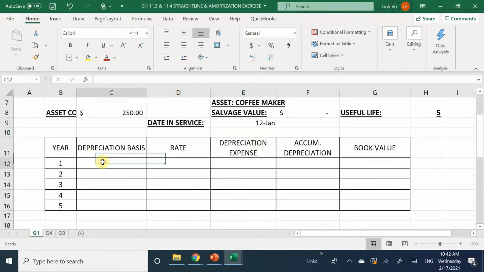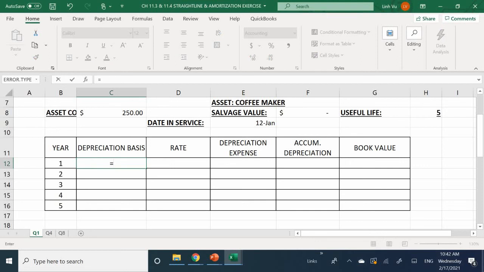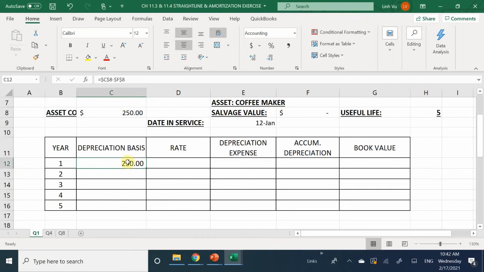So let's go ahead and solve for my depreciation basis. What is my depreciation basis? 250. It's your asset cost minus your salvage, which is 0, bringing you 250. And what do we know about this number? What can we safely assume about this depreciation basis?